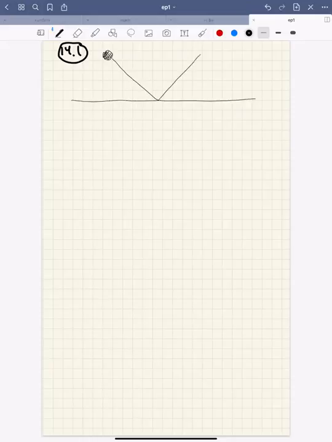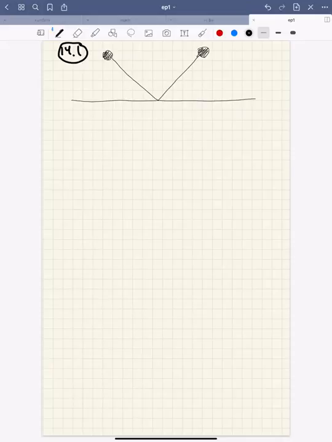So I will start with problem 14.1. This is on slide number 7. In 14.1, you have a tennis ball, and this tennis ball bounces off a floor like so.